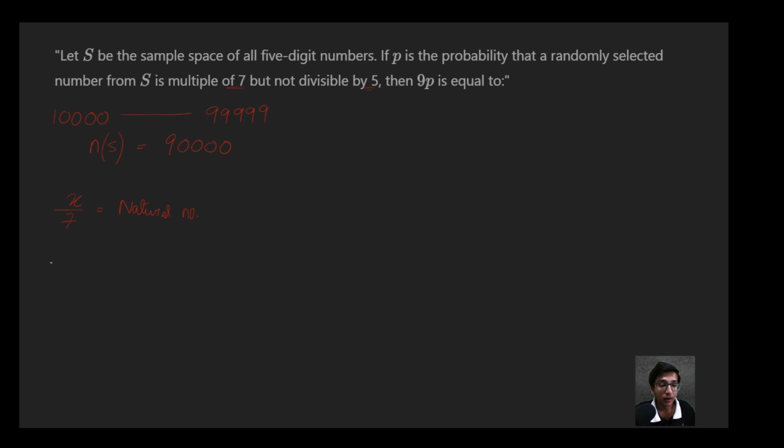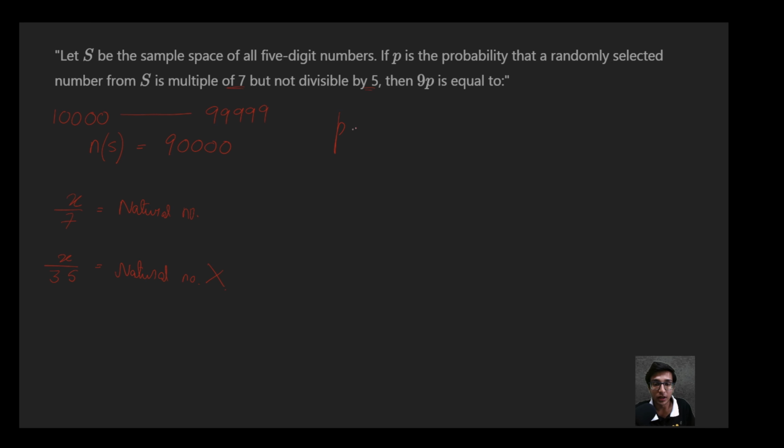That means it should be divisible by 7 but not divisible by 5, so the intersection can be written as 35. When this also comes out to be a natural number, we must say that this should not be included.